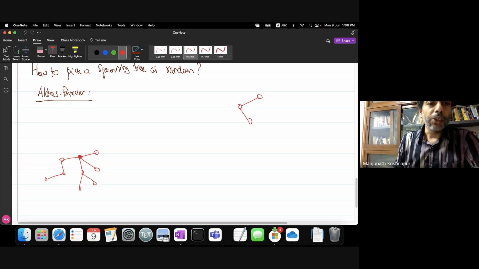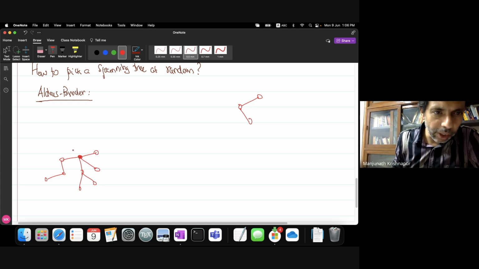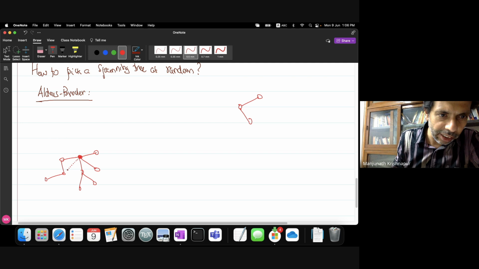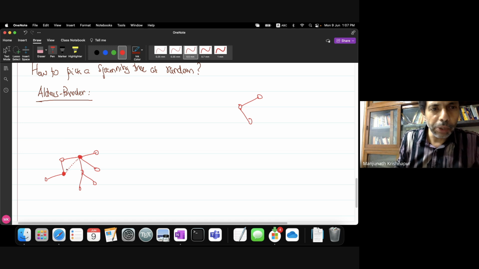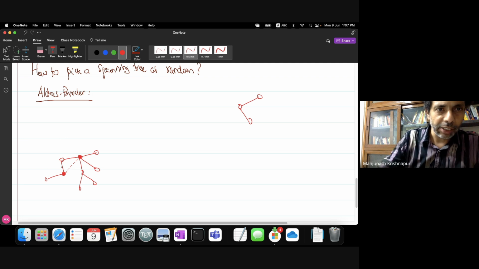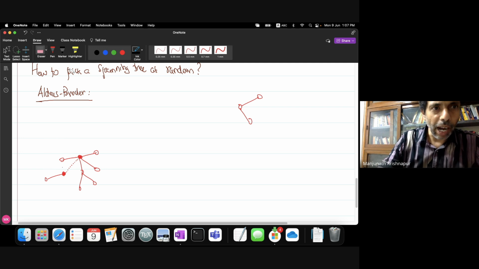Now this is on the underlying graph. There are other edges, so this one makes a step in the underlying graph. Maybe there is an edge here in the underlying graph. So now the root shifts to here. But if I put this edge, I will create a cycle. So this cycle is created, you delete the next edge, which is this one, and add this edge.